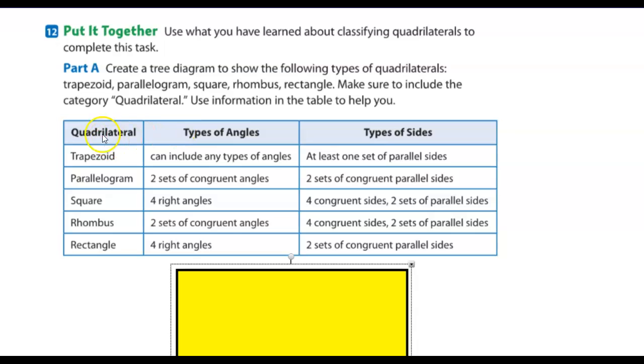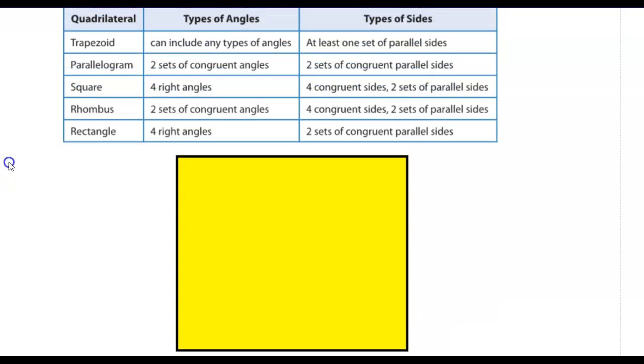Make sure to include the category quadrilateral. Use information in the table to help you. So I want you to use the information in the table to draw a tree diagram. And then when you finish, resume the video, add to your notes, and we will move on. Please pause now.